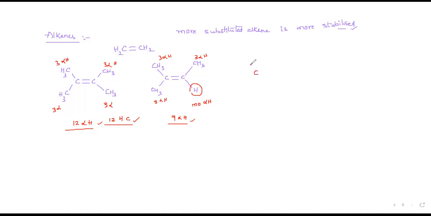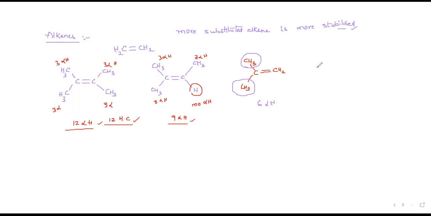If I go with this type, CH3 double bond CH2, there are no alpha hydrogens on one side. So here we get 3, here we get 3. 6 alpha hydrogens we get.